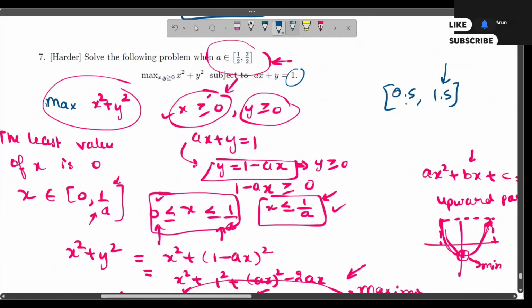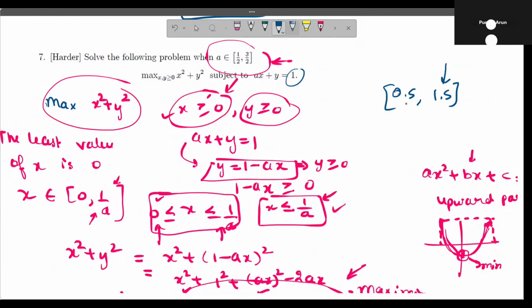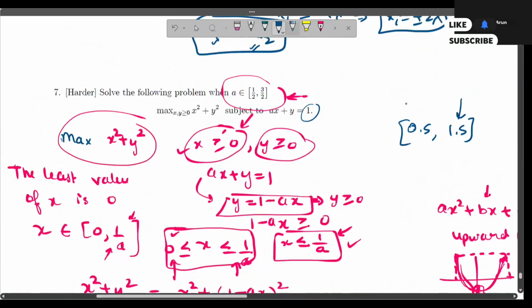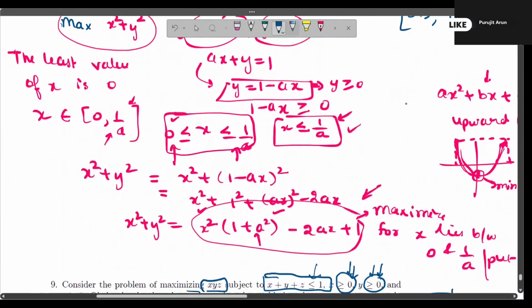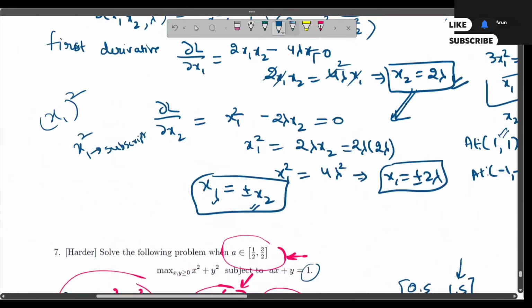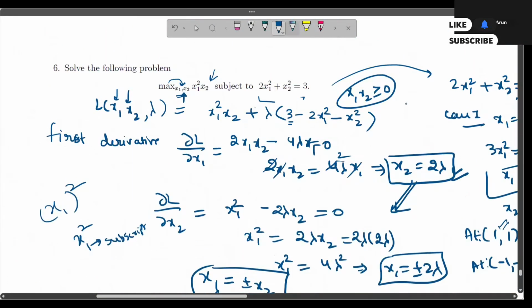The first constraint is ax plus y equals 1, and the second constraint is that a belongs to the range from 1/2 to 3/2. Otherwise, I will not be able to have those two equations to solve for two variables. Right? Got it.